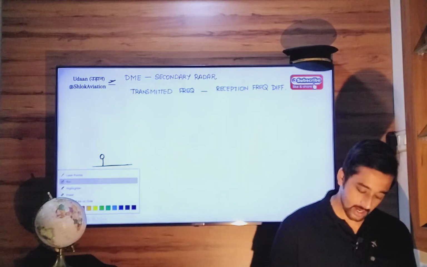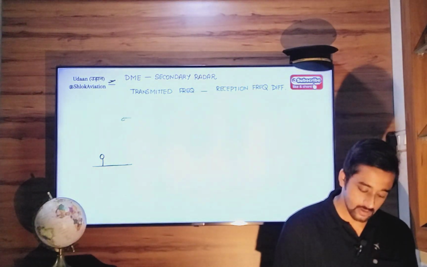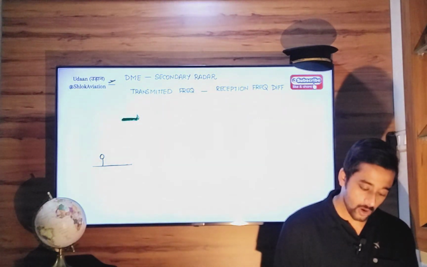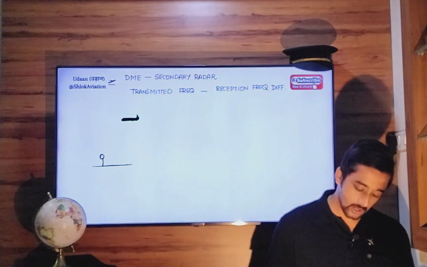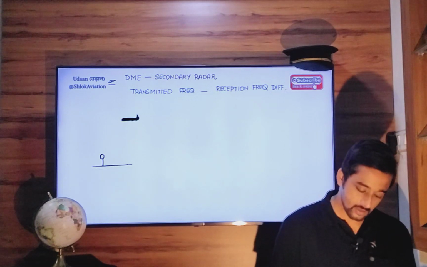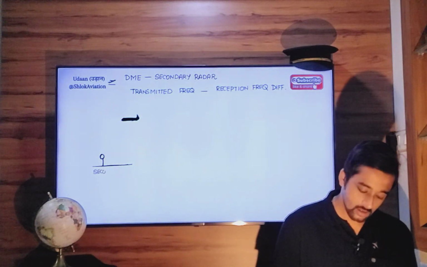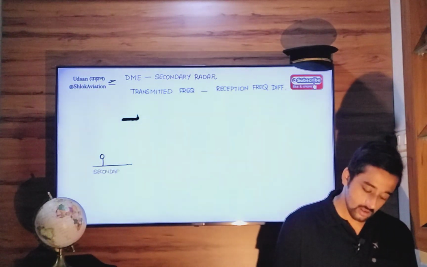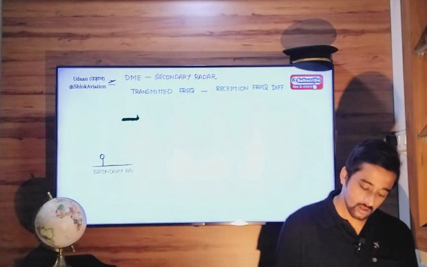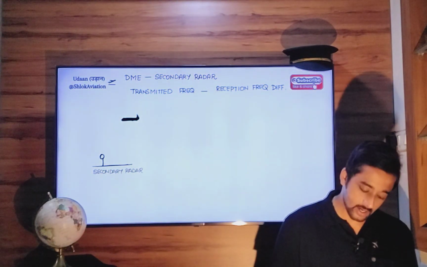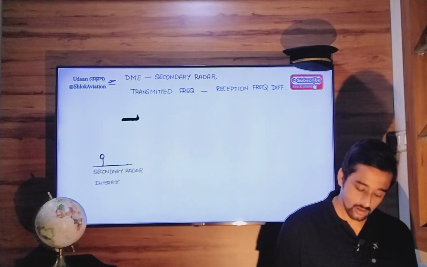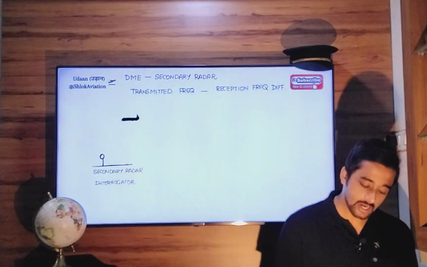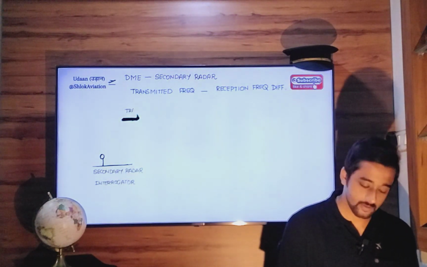Here is your aircraft in the air. What will happen? This secondary radar on the ground becomes your interrogator. Aircraft becomes your transponder.